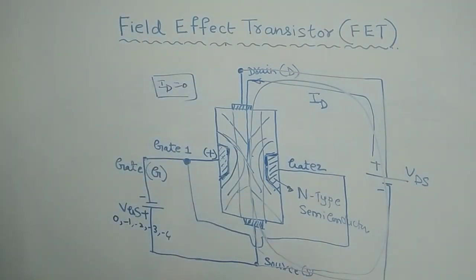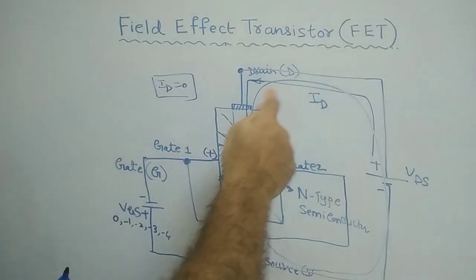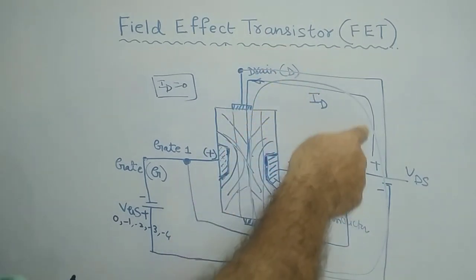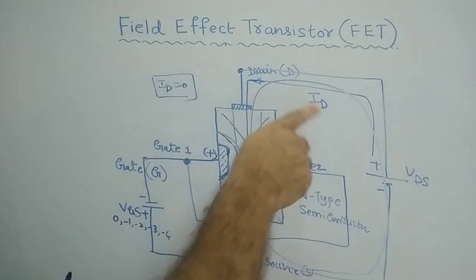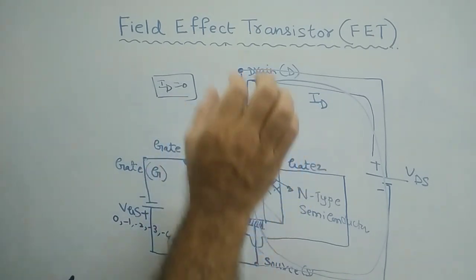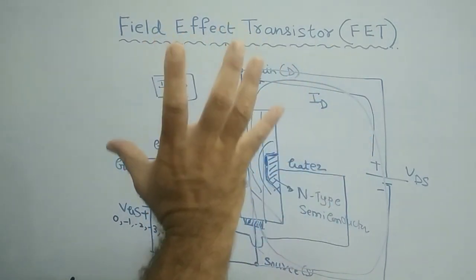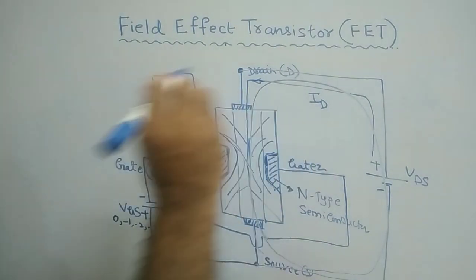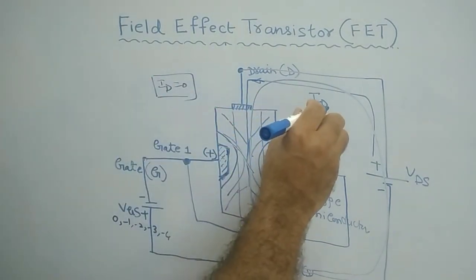There is a very important point to note down. My current should flow through this particular element. ID should not be 0; you should have some value. When is that possible?